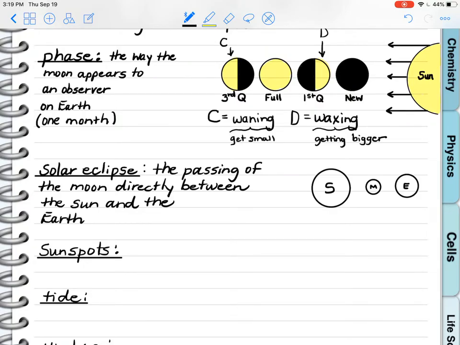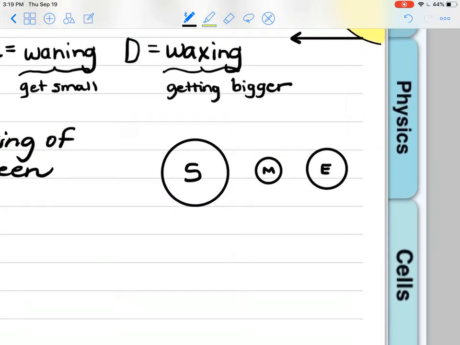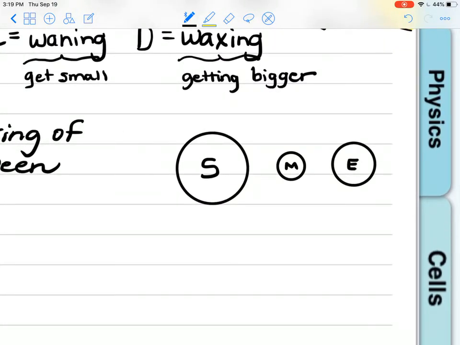Okay, so here's a diagram of a solar eclipse. And remember, your sun is always shining. Even when you can't see it, if it's on the other side of the earth at the moment, it is still shining, always. So the sun is sending out rays. But what if you're standing right there on the earth?